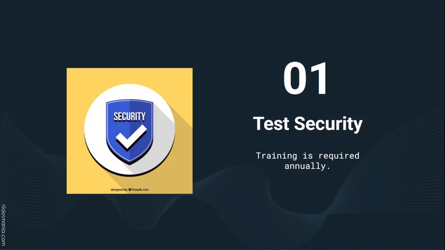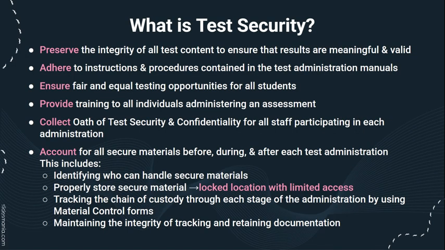Test security. The Texas Education Agency has guidelines that must be followed to ensure test security and confidentiality are maintained. What is test security? Test security encompasses the policies and procedures that preserve the integrity of the test content to ensure results are meaningful and valid.